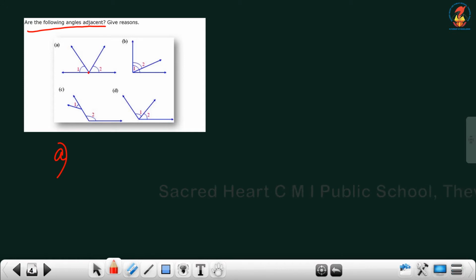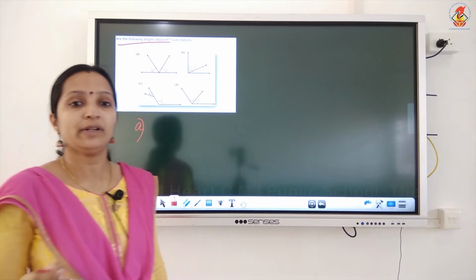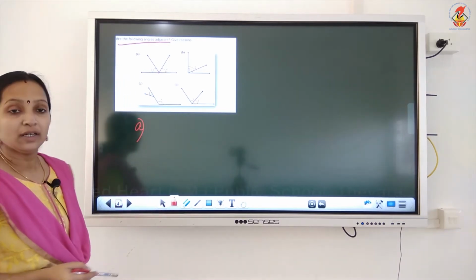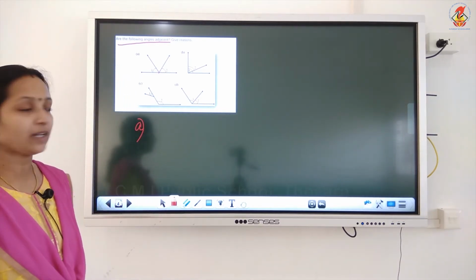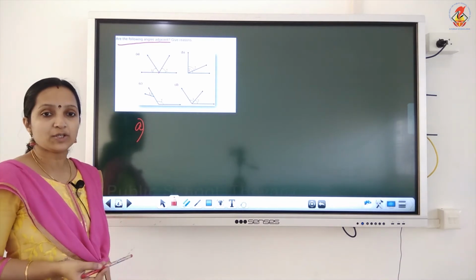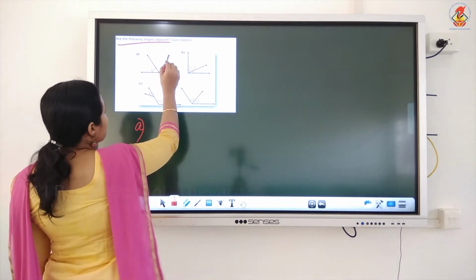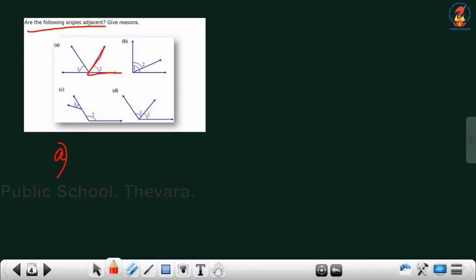But is there any common arm, or common ray, for these two angles? This is the ray for this angle and this is the ray for this angle, is it? So, they have a common vertex, but there is no common arm.